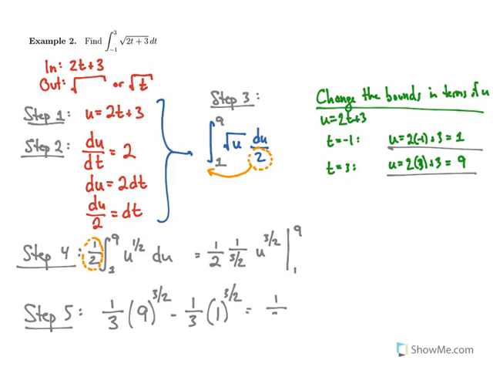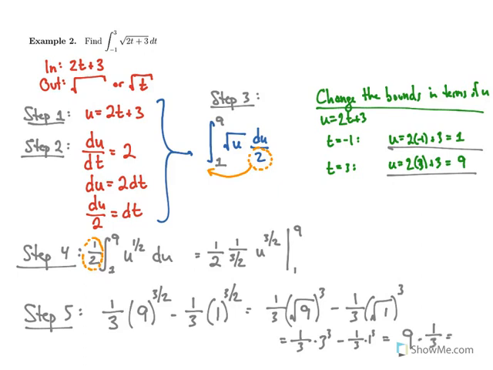And that's the same thing as square root of 9 cubed and square root of 1 cubed, which we can rewrite as 3 cubed and 1 cubed. And this will give us a big 9 minus 1/3, or 26/3, if we wanted to simplify that problem.